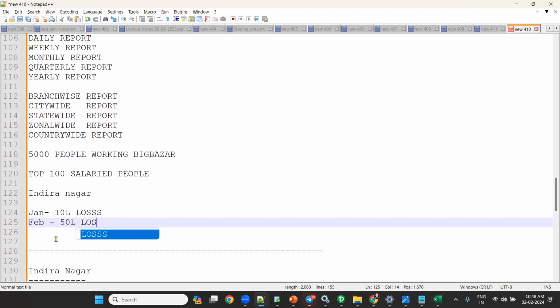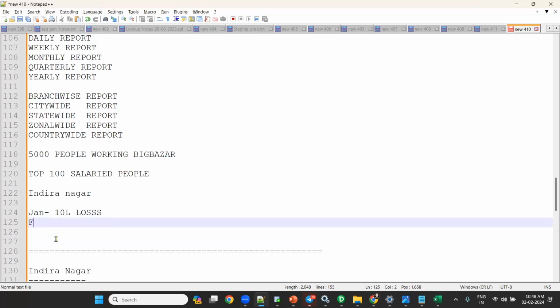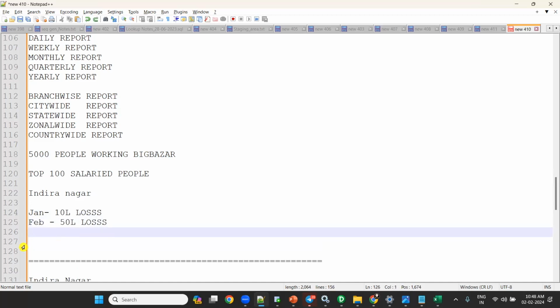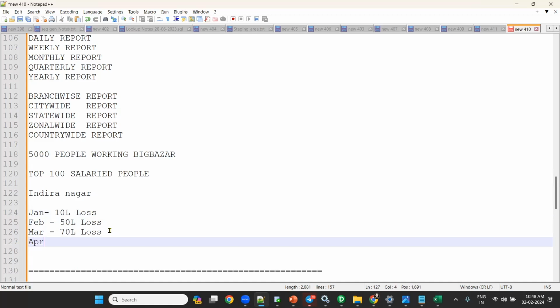And in March, I got a 70 lakh loss. Continuously 3 months, I got loss. Then in April also, I got a 60 lakh loss.